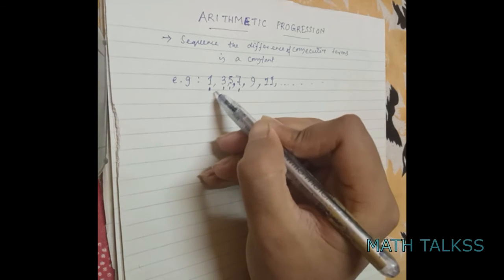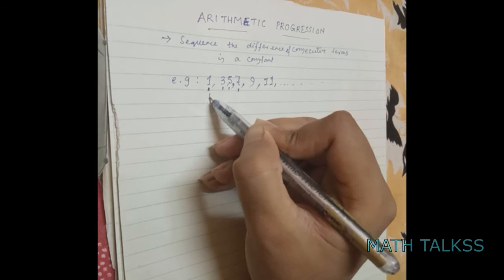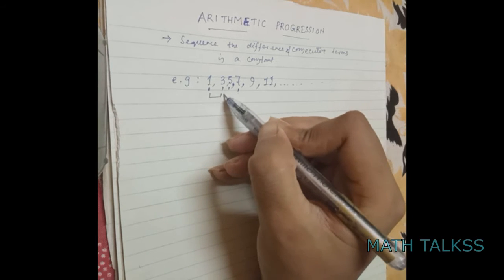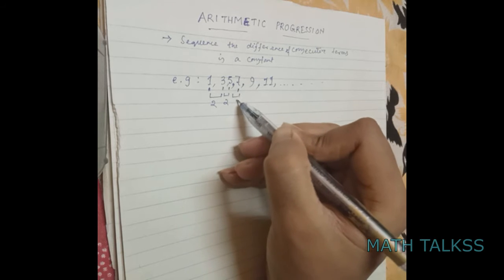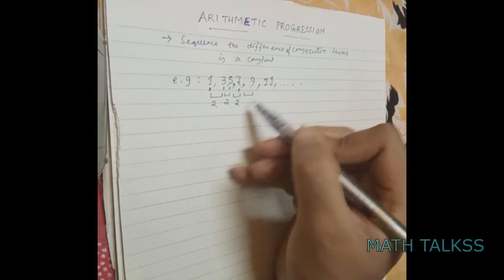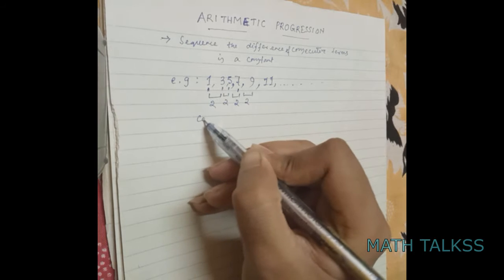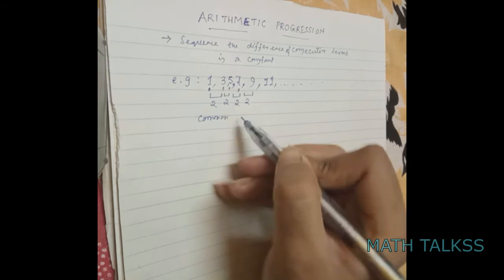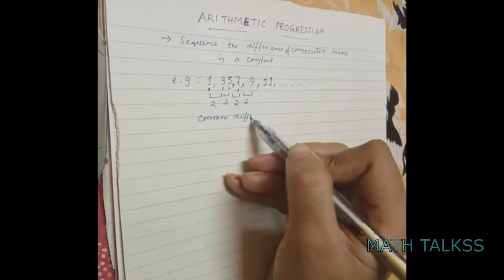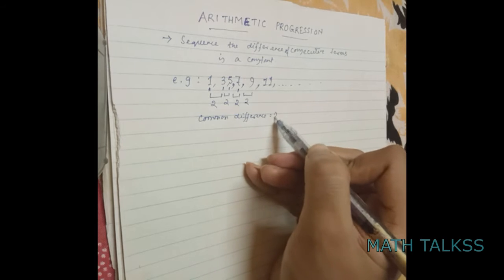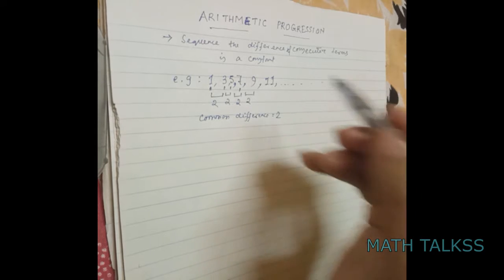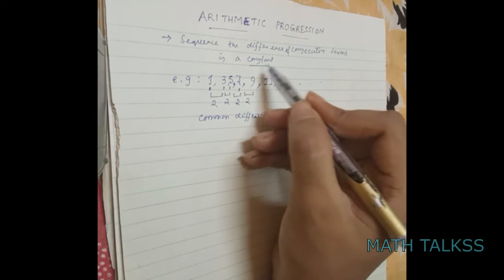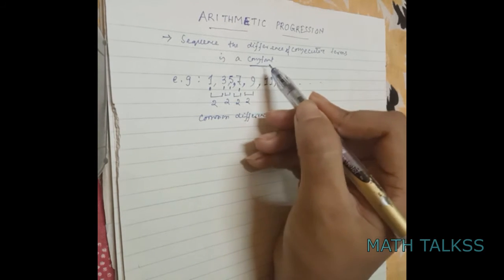See here the difference between each and every consecutive term is 2, which is a constant. So it's an arithmetic progression with a common difference of 2.